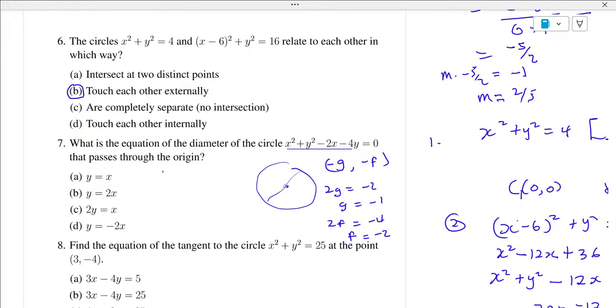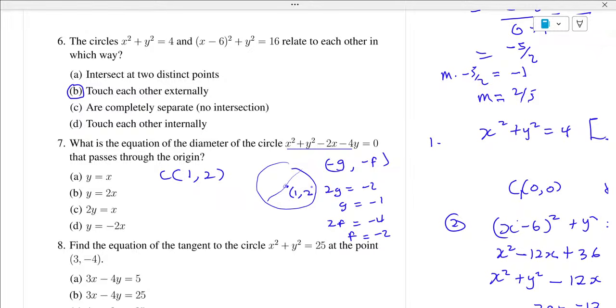So our center is negative of negative 1, which is 1, and negative of negative 2, which is 2. So our center is (1, 2). We have been able to find that.